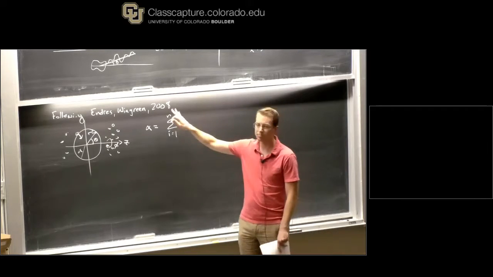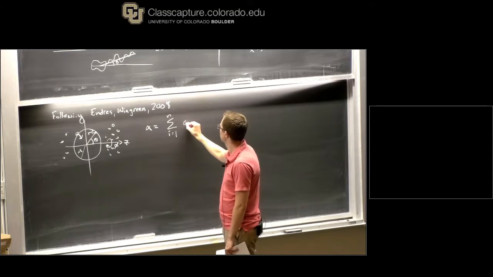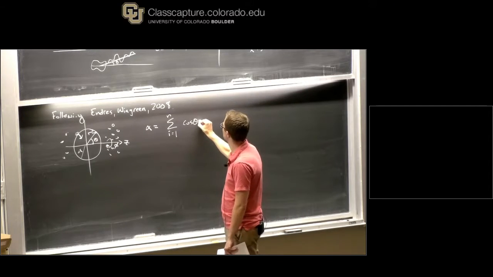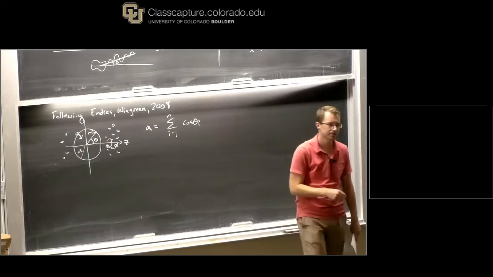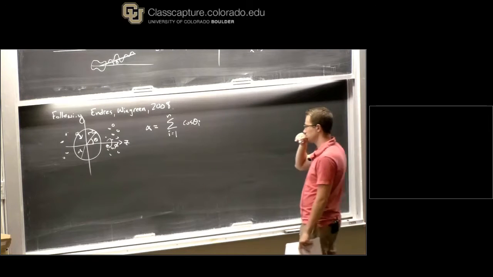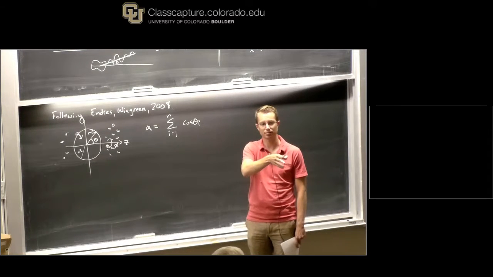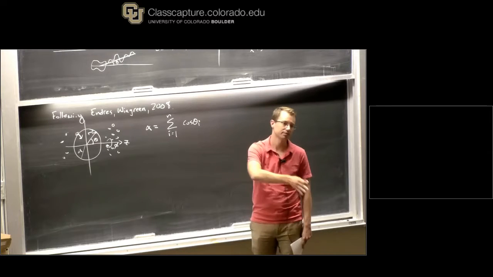I'm going to drop the subscript t, but hopefully you know this is what I mean, of the cosine of the angle at which that molecule hit. Now, in a way, this is very related to your suggestion because cosine is positive on the right side and negative on the left side.